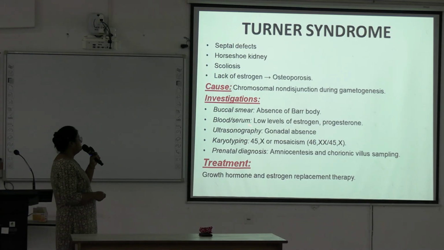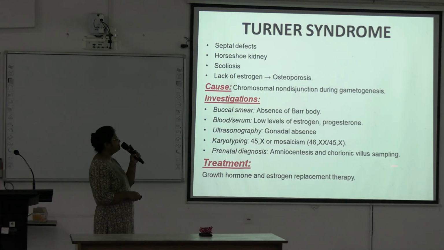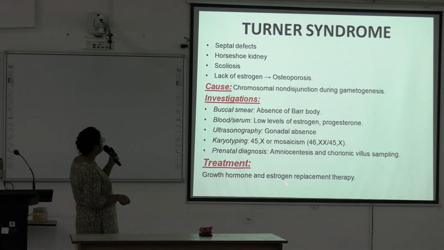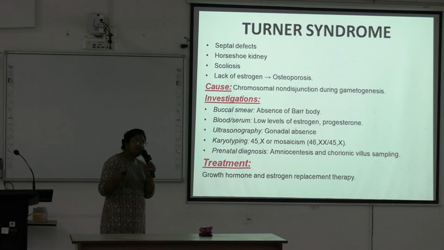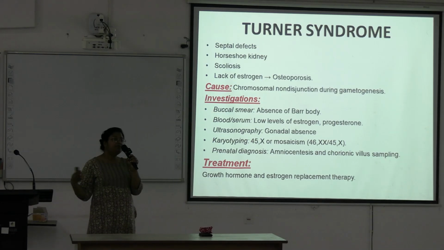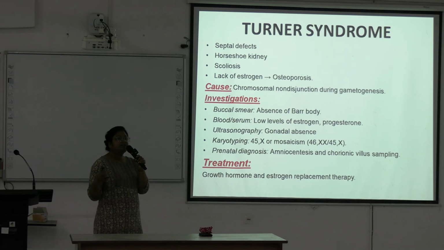Prenatal diagnosis can be done via amniocentesis and chorionic villus sampling, like Down syndrome. Treatment is growth hormone and estrogen replacement therapy. As the gonads are not developing properly, you have to give hormonal supply from outside. That will help in development of the secondary sexual characters later on.